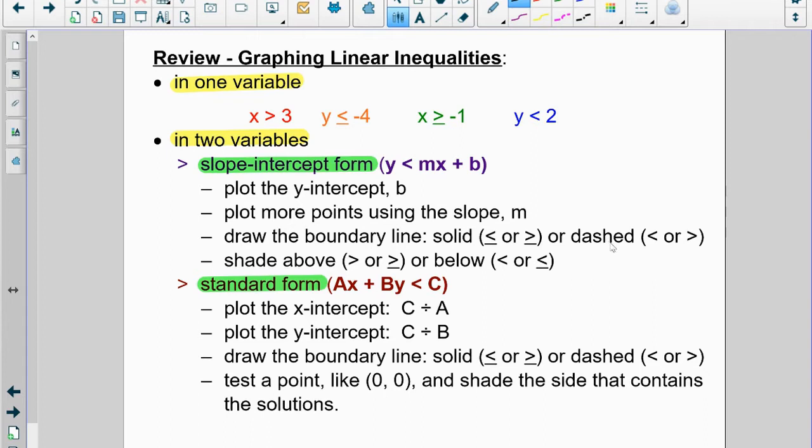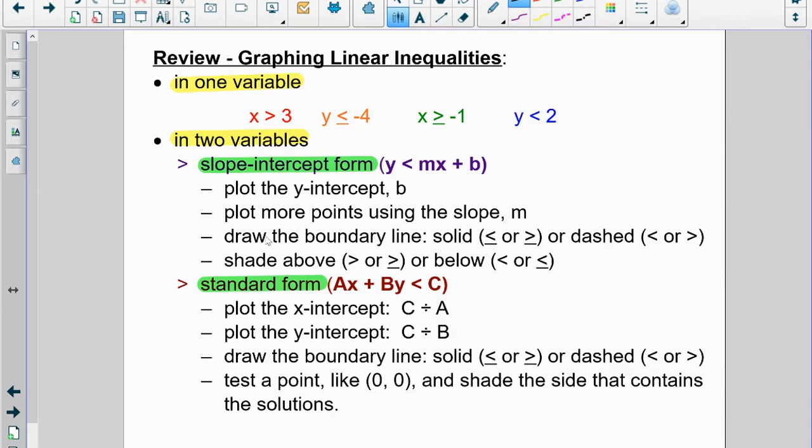You're going to draw a dashed line if it's one of the inequality symbols that does not contain the equals bar underneath it. In other words, they are not equal to the value given in the inequality. So we want to draw a dashed line that represents the points directly on the line are not solutions to the linear inequality.